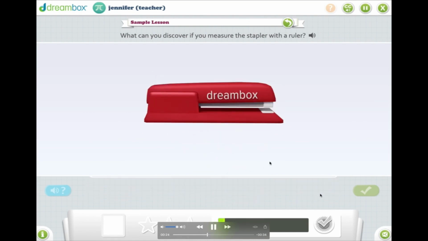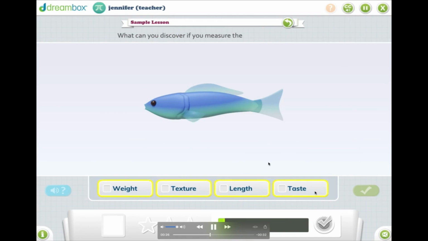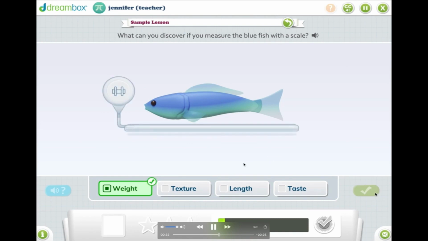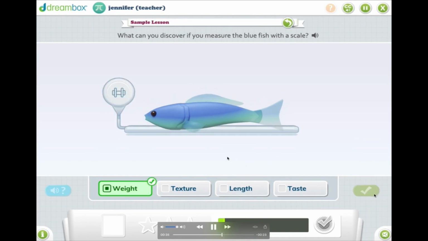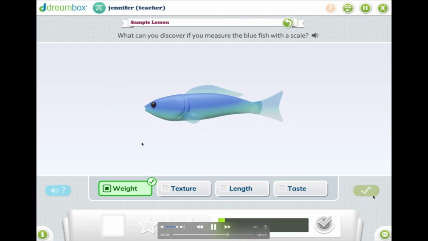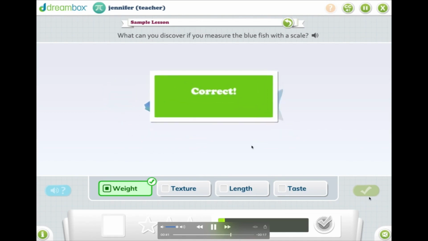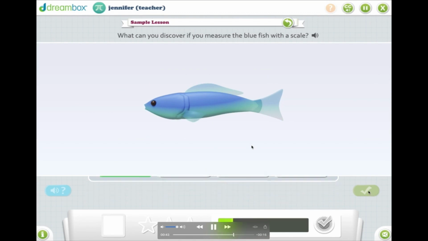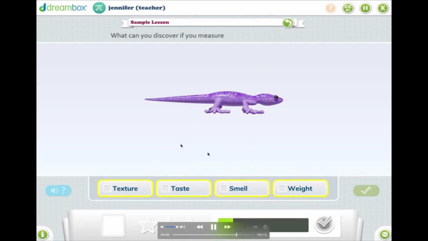So oftentimes there will be more than one correct answer on their screen. Sometimes there won't be. And we offer specific scaffolding dependent on what they are doing. Here you see the student got the answer correctly with weight, and we showed them what weight looked like when measured with the scale.